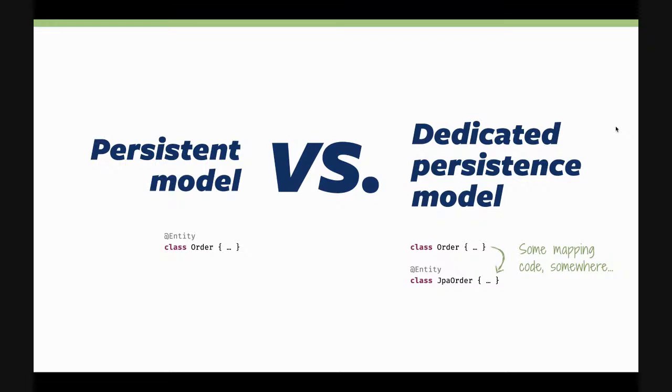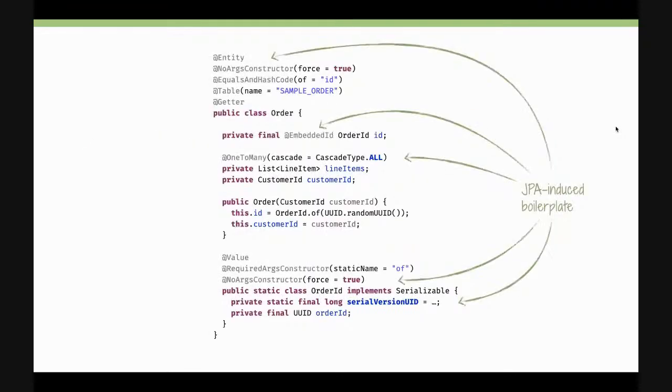Let's stick with the left approach first. I just wanted to bring it up because folks always argue, yeah, it's just because you didn't properly implement a dedicated persistence model. Fine. I just see that there's a lot of code out there that basically uses the persistent model approach. And we can actually improve on a lot of problems of that when we're using jMolecules.